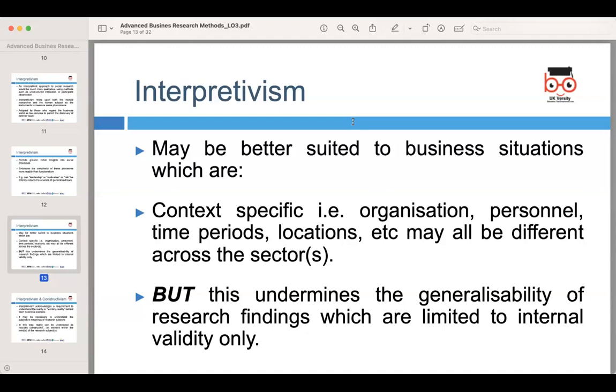However, interpretivism recognizes that leadership is a complex social phenomenon influenced by various factors such as the organizational context, followers' perceptions, and the leader's personal background. Similarly, concepts like motivation and risk cannot be entirely reduced to a series of generalized laws.